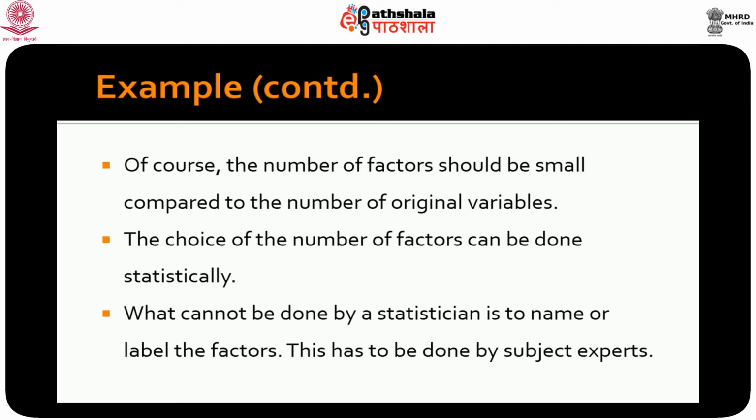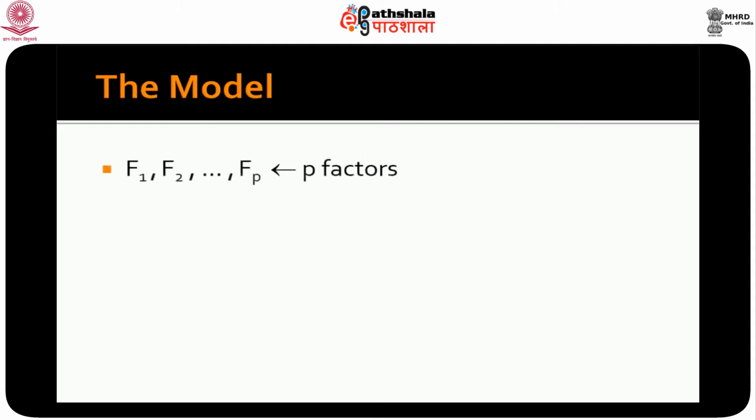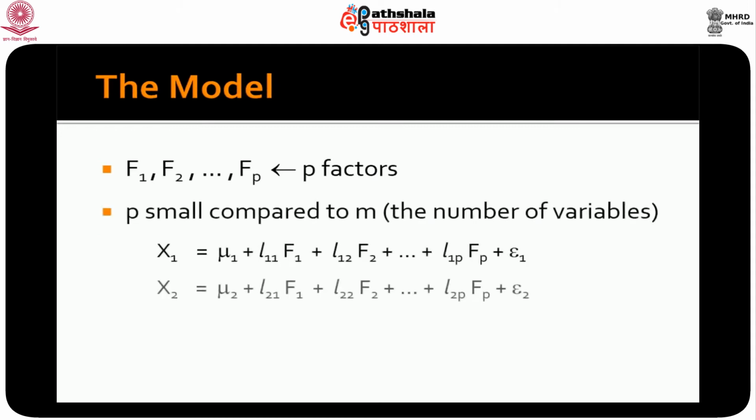Now, let us discuss in detail a factor model. Suppose there are p general factors f1, f2, ..., fp, and obviously p is to be much smaller than m, which is the original number of variables. So, we had x1, x2, ..., xm as the variables, and now we are trying to explain them through p factors f1, f2, ..., fp.